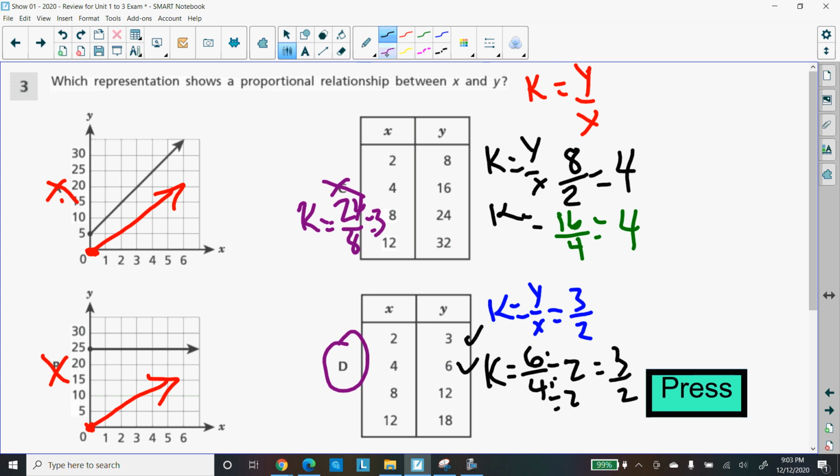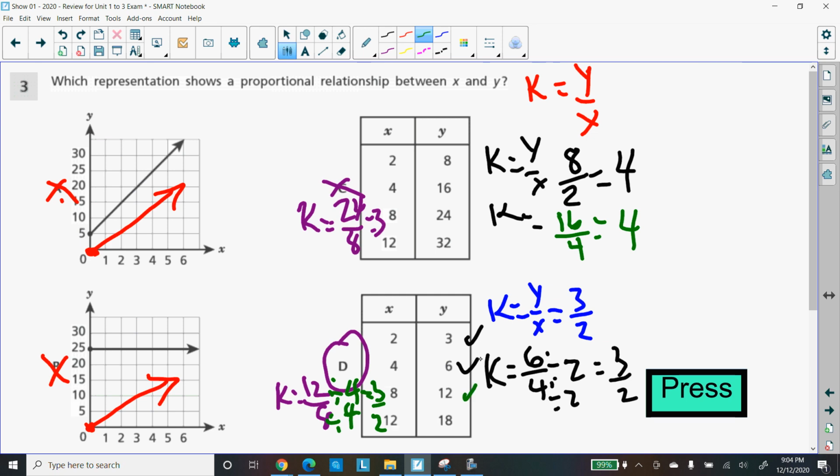Let me try this other one over here. K equals 12 over 8. I'm going to divide those by 2, or how about 4? Divide by 4, it's a little bit bigger. Divide by 4, that'll give me 3 over 2. Wow, so that one works.